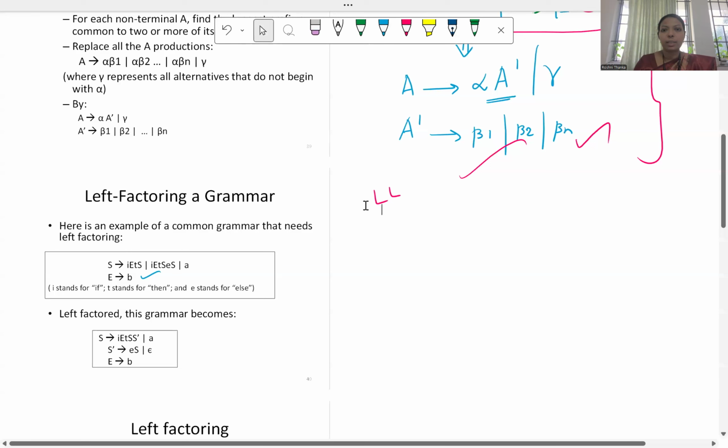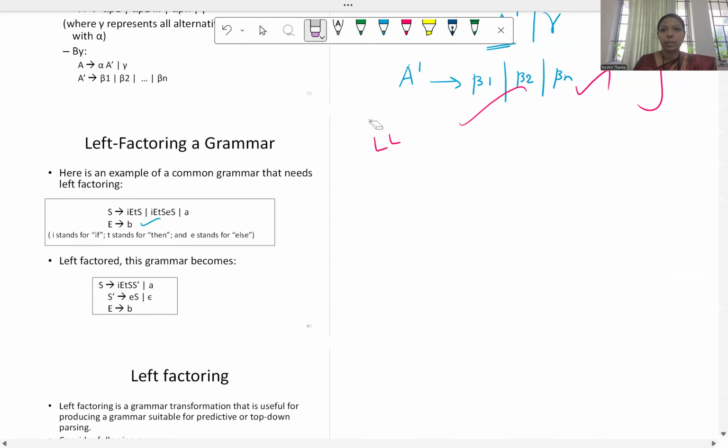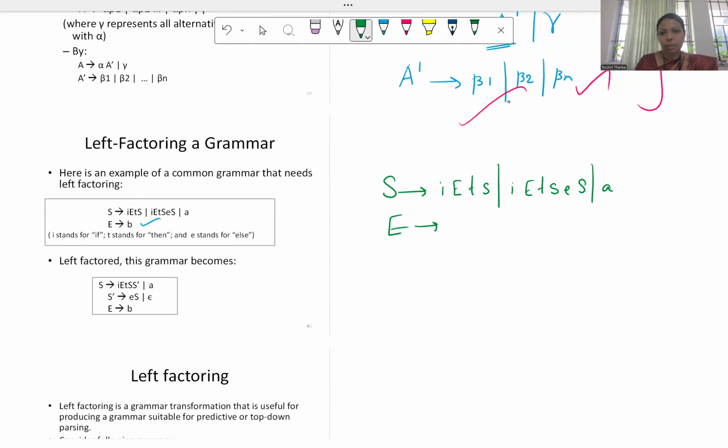Let us take an example and do it so that you will be clear in solving it. Here is an example. I'm going to rewrite it to understand. S goes to iEtS, also iEtS followed by eS, and the next production is b.